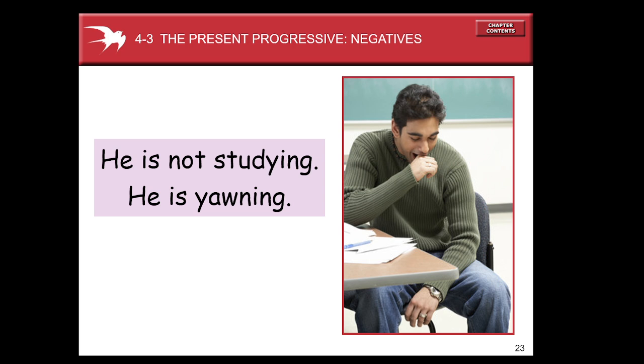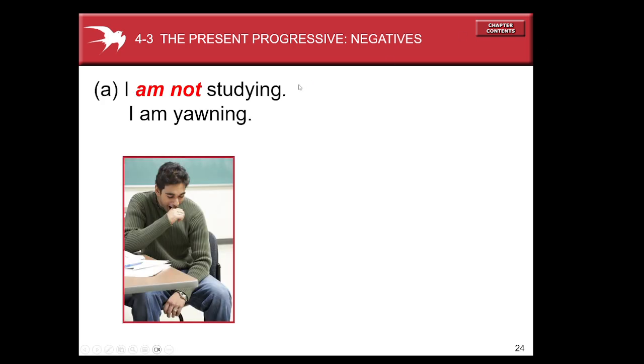Now it is time to see both structures, positive and negative. For the negative, remember, we only add the word not. Remember that in the present progressive, we work with the verb to be. Let's see the example. Can you see the red words? I am not, I'm not. This is negative.